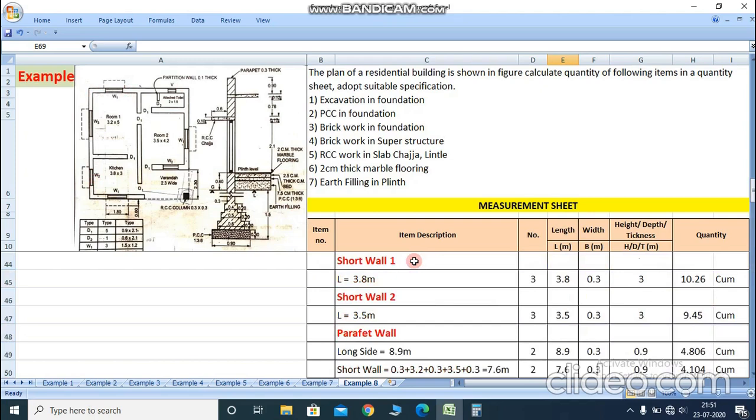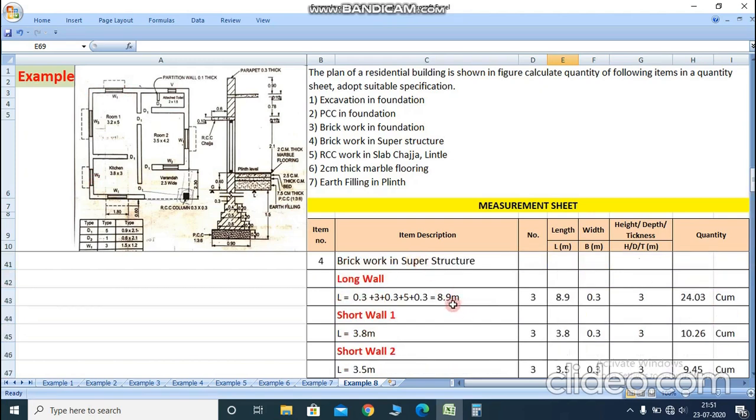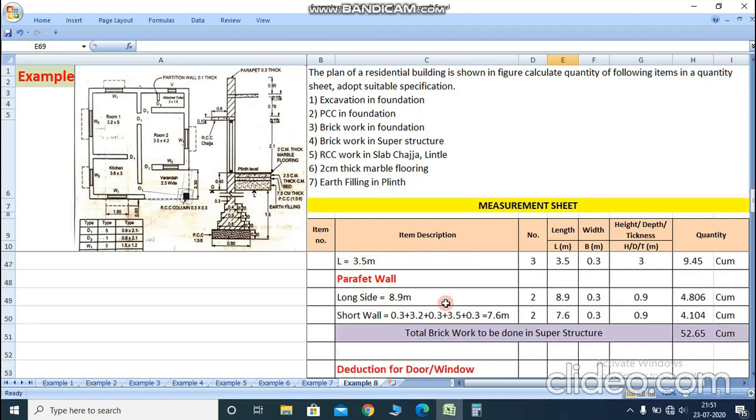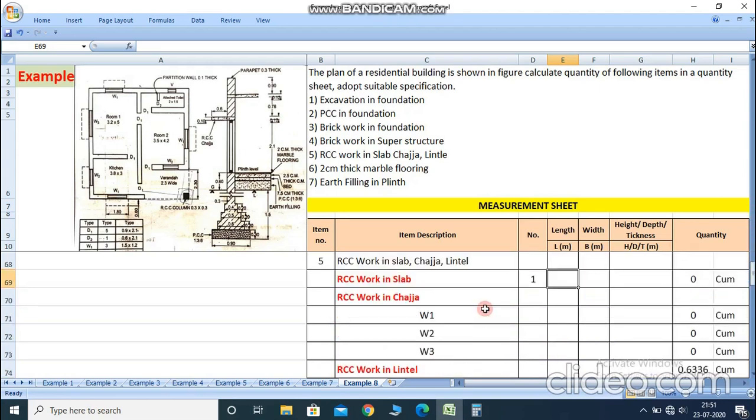The length of the long side is 8.9 meter and width is 7.6, and the thickness of the slab is 0.12, given in the section part. So the result is 8.1168 cubic meter. It's the final answer for the RCC work in slab.